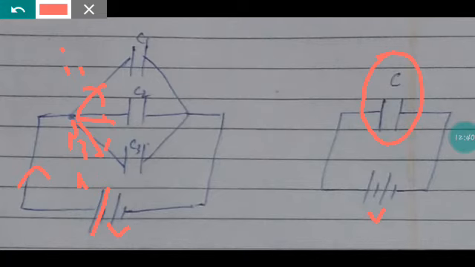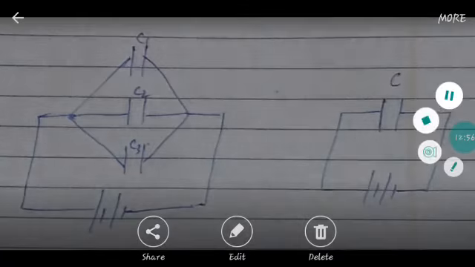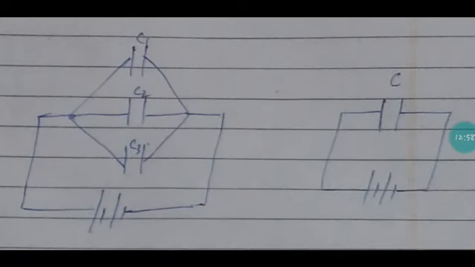So the current is different, and therefore the charge that will be produced on C, suppose it is Q. Suppose on C it is plus Q on one plate and minus Q on the other plate.